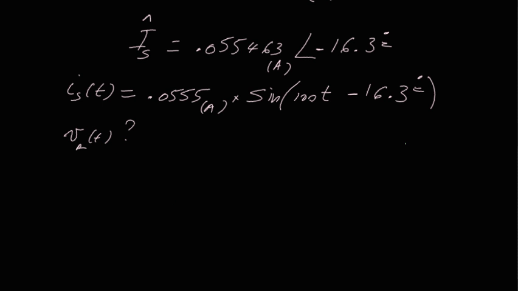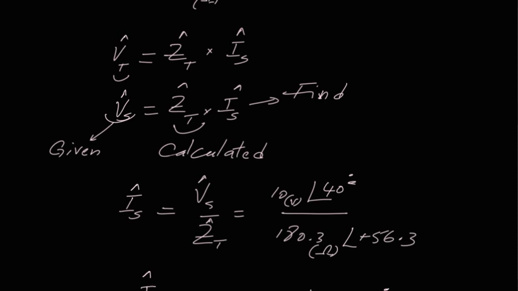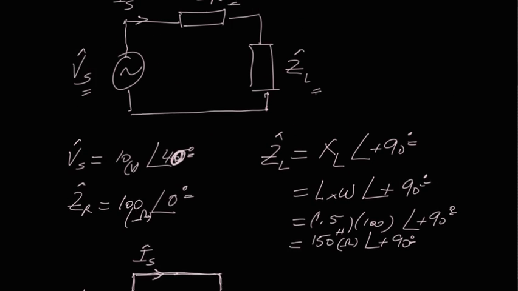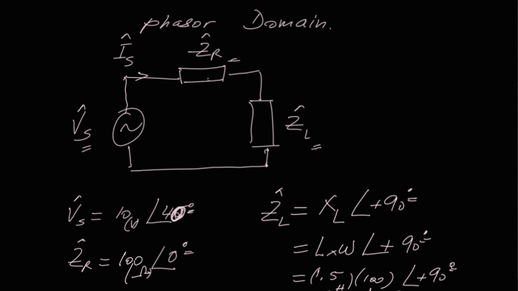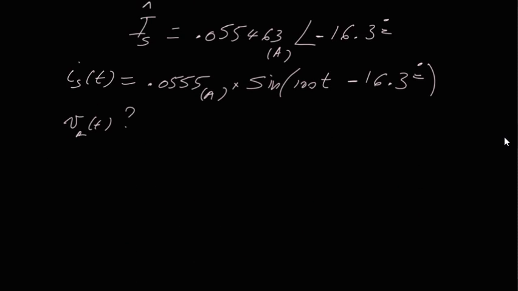All right, so if we go back to this circuit here, what's the relationship between VR, which is the voltage across ZR, and Is? Well, VR, this is the phasor VR, it's ZR times the current that flows through ZR, which is in our case Is.